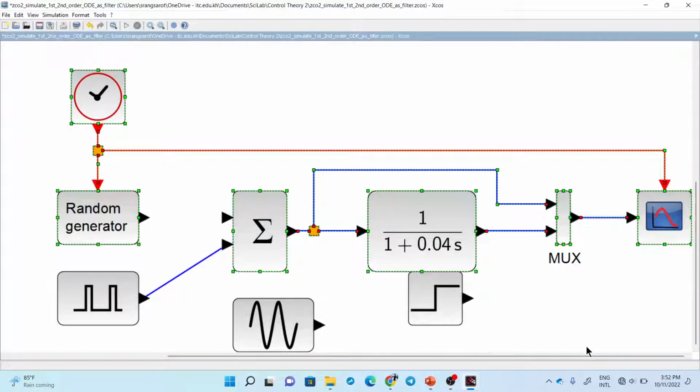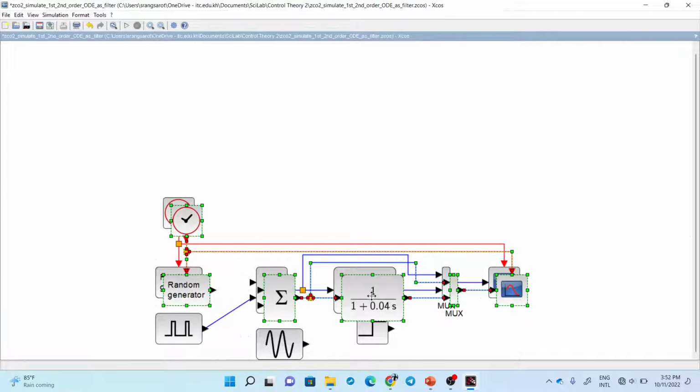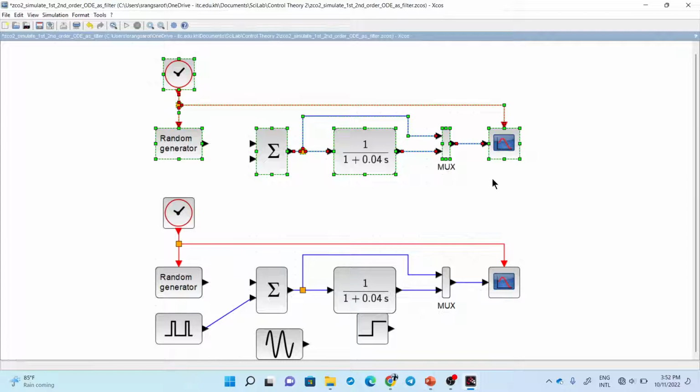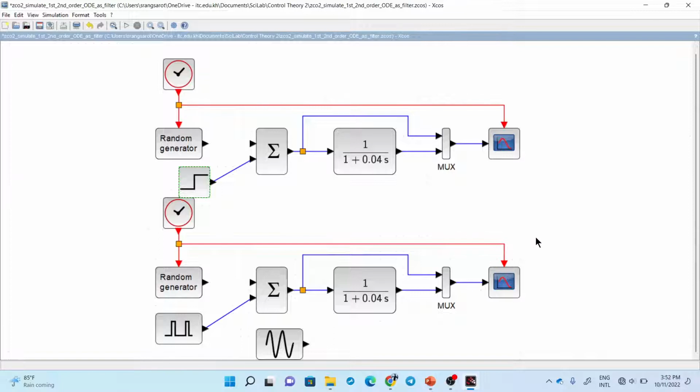Control C and then Control V. Let's say I use step for this one. And for this step, I also use step from 0, and the final is 0.25, let's say. And let's see the result of these two.